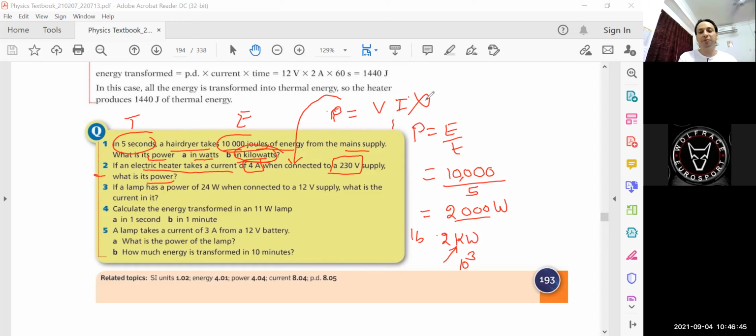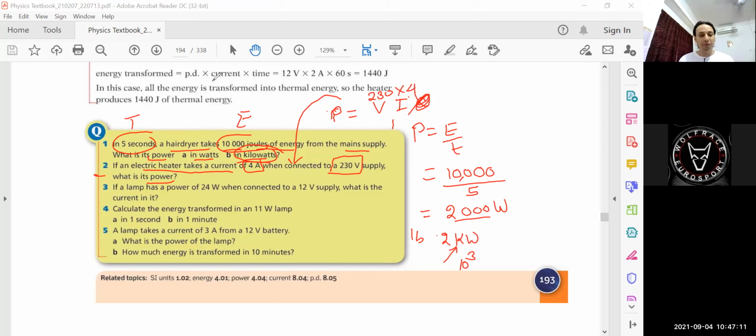What is voltage? 230 multiplied by current, which is 4. Do this calculation in your calculator. You have to write the answer with the unit of power. Yes, Anushka, your answer is correct for 1A and 1B.